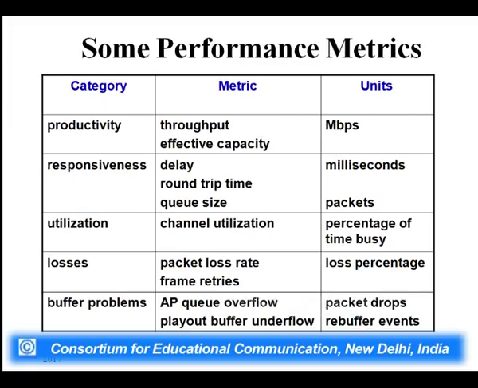The productivity of a network can be measured in terms of throughput or the effective capacity of the network, and both of them are measured in megabits per second, gigabits per second, or kilobits per second. That is the unit in which productivity is measured, either in terms of throughput or effective capacity. Similarly, I may be interested in measuring responsiveness, which is another category.